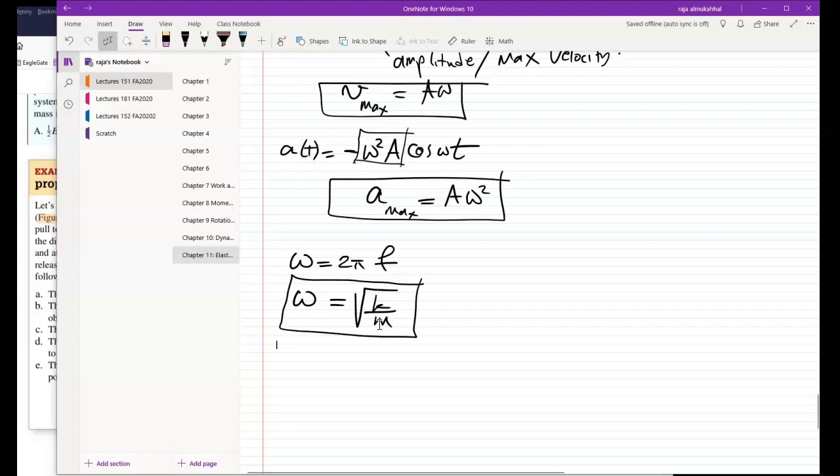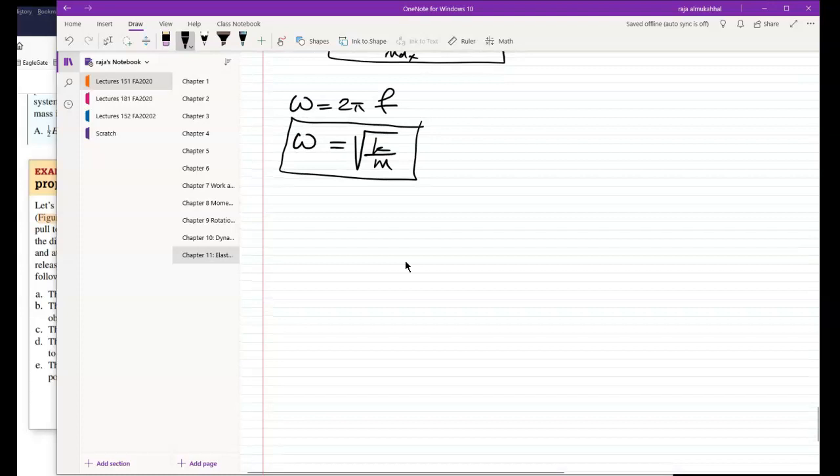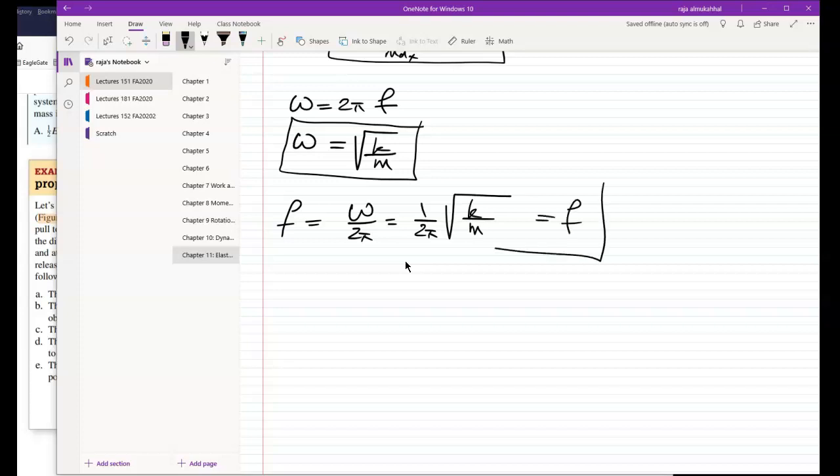Now, since omega is equal to 2 pi f, that means f is equal to omega over 2 pi, so I can write it this way: 1 over 2 pi square root of k over m. See that? That's for the frequency. I'm using this formula to put in there for omega. And we know that the period is 1 over f, from the beginning of the lecture.